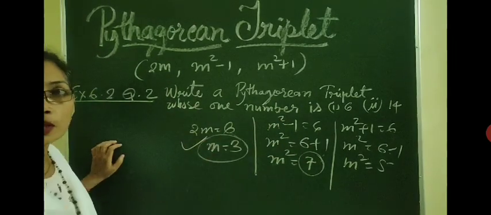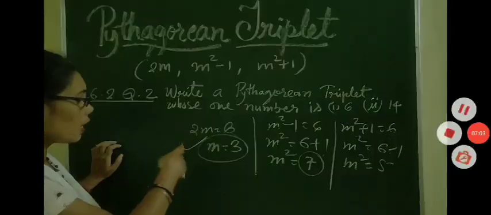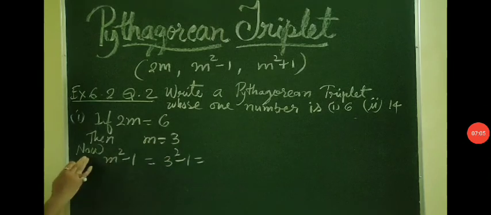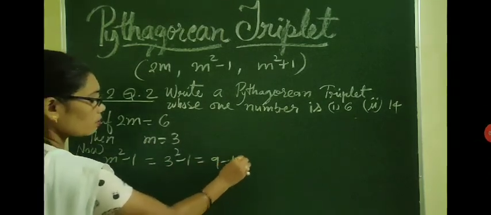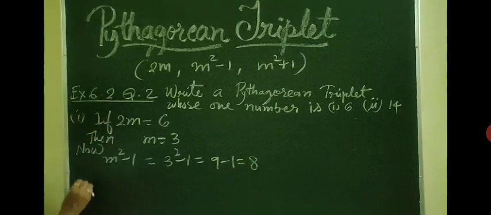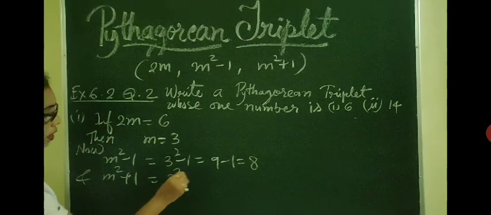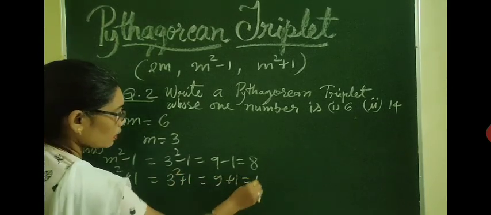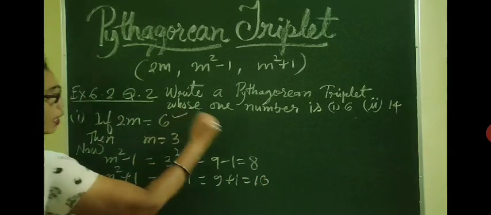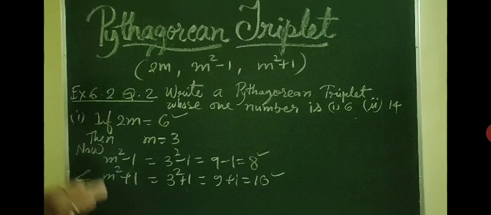We have only one choice: 2m equal to 6, m equal to 3. Now m squared minus 1 equals 3 squared minus 1, that is 9 minus 1, 8, and m squared plus 1 equals 3 squared plus 1, that is 9 plus 1, 10. So we have 6, 8 and 10, which are a Pythagorean triplet.